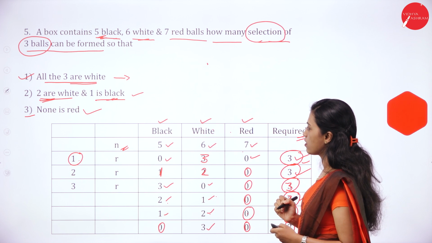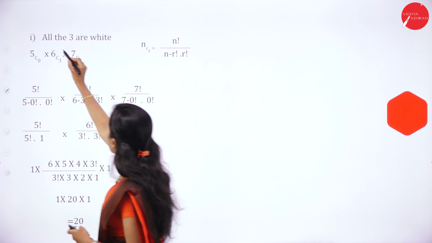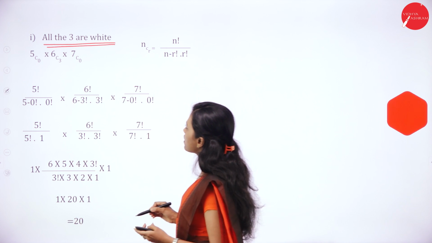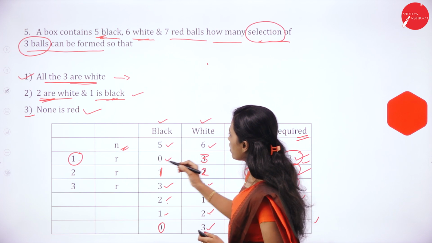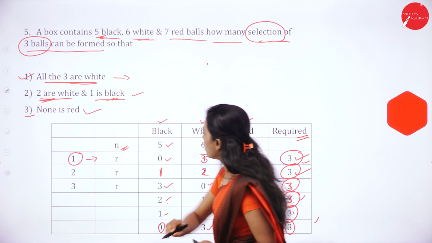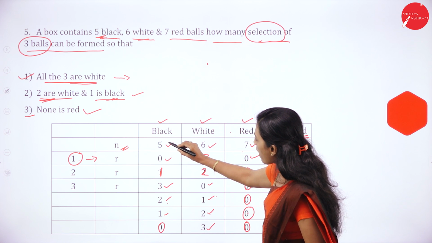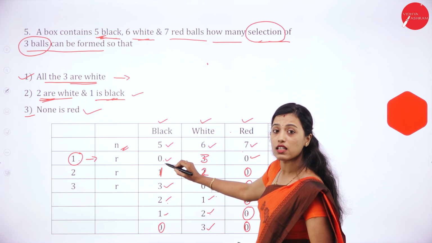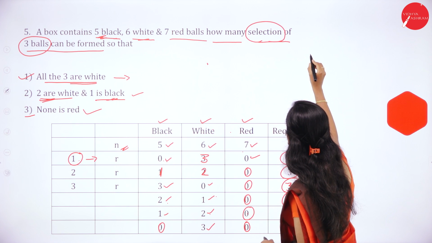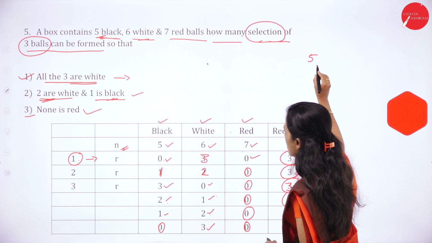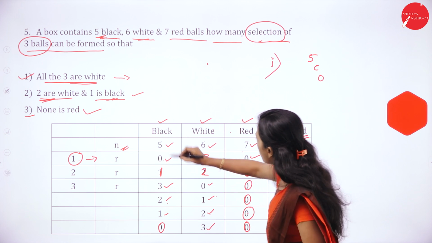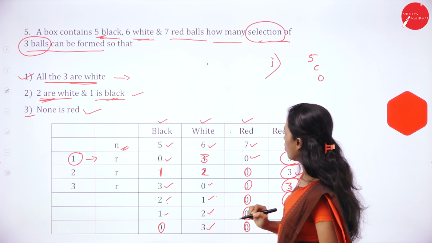We will solve this. All the 3 are white. See, all the 3 are white means first one. How many black balls are there? There are 5 black balls. We are going to select 0 black ball. Means 5C0. For first one, it is 5C0.